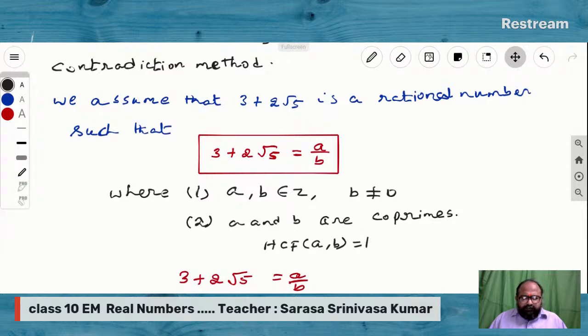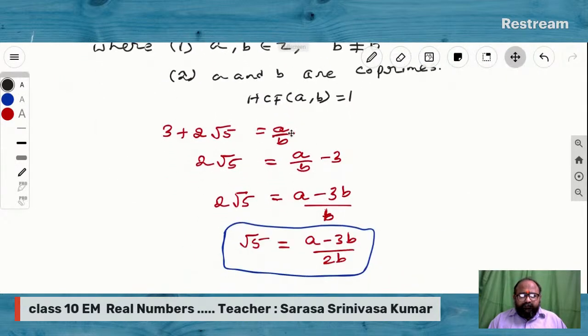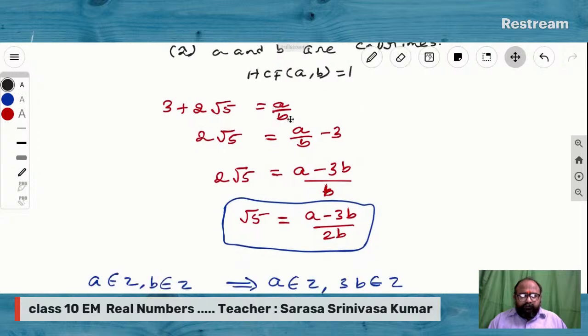The second condition is a and b are co-primes, that is, the highest common factor of a and b equals 1. So now we consider 3 plus 2 square root of 5 equal to a by b.